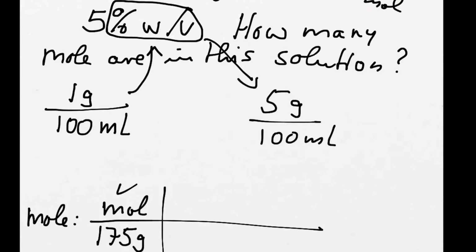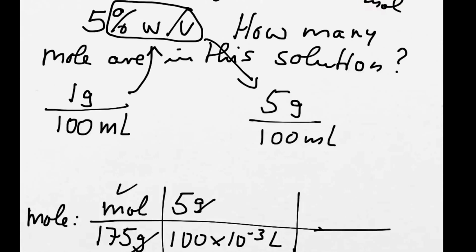Can we do that? Yes, we have the 5 grams here. So let's write it down. 5 gram per 100 times 10 to the minus 3 liter. Of course, you recognize this is the milli. Okay, we got rid of the grams.